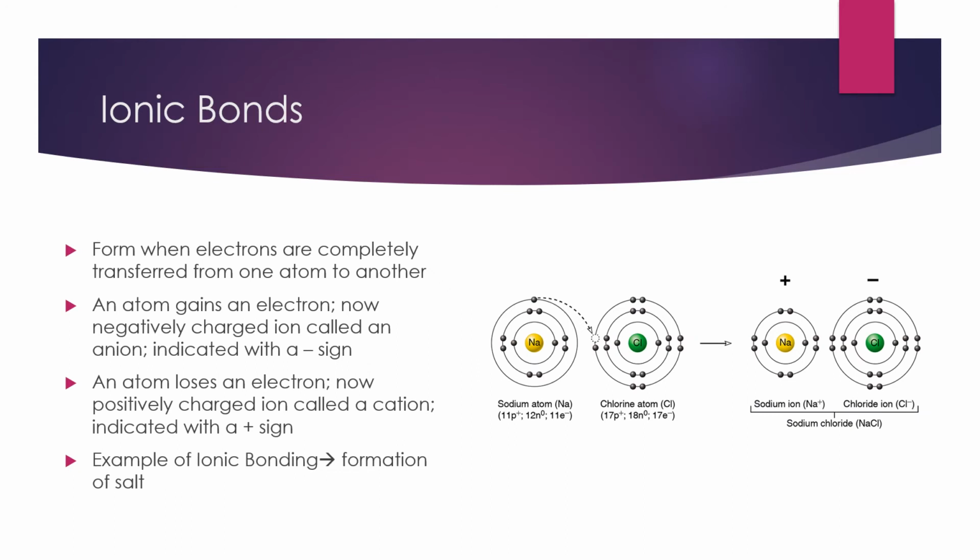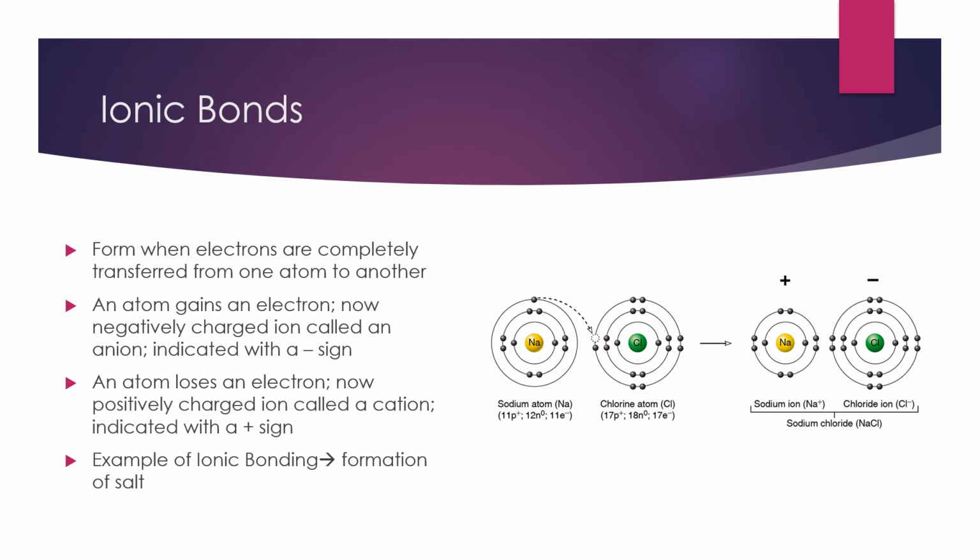Ionic bonds. These form when electrons are completely transferred from one atom to another. An atom that gains an electron is now a negatively charged ion called an anion, indicated by a minus sign. If an atom loses an electron, it is now positively charged and called a cation, indicated by a plus sign.